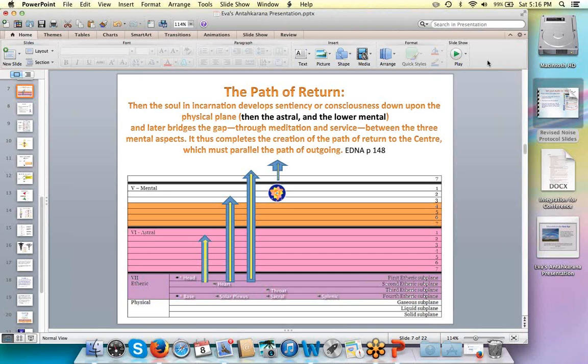But I wouldn't think that as we build the Antahkarana that the monadic ray would really hold that much sway here. The most important thing is that we build it out of our consciousness. It's not even the ray itself that is the important thing. It's the consciousness that's important. It's the lighting of the pathway that is important.